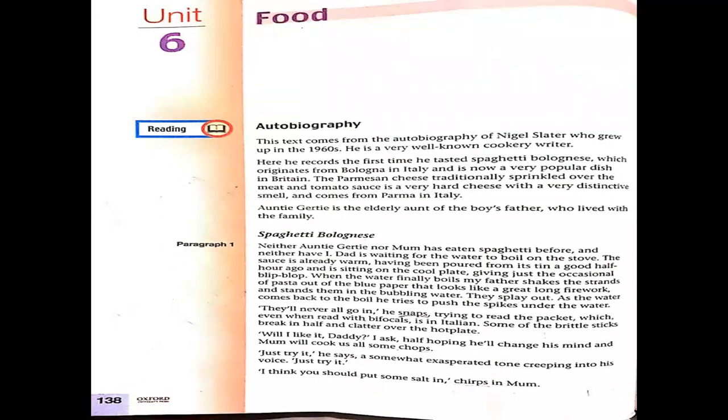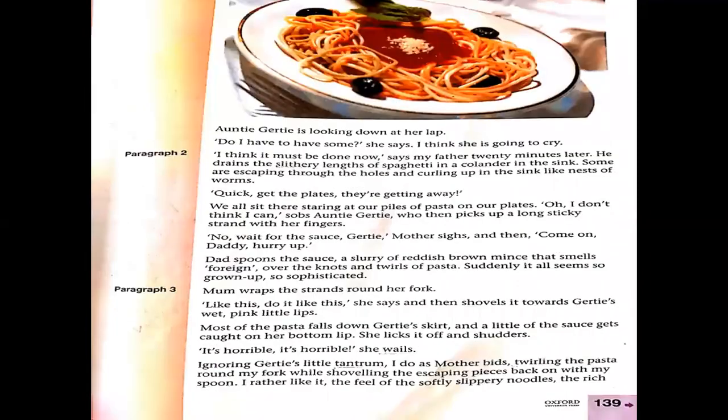We learned how his father was making spaghetti, how they all were reacting, either his mother, his father's aunt, or Nigel himself. Now in paragraph 2, we learned they all now have pasta on their plates. They are just about to eat.